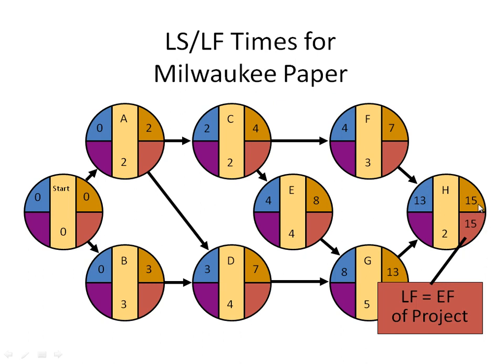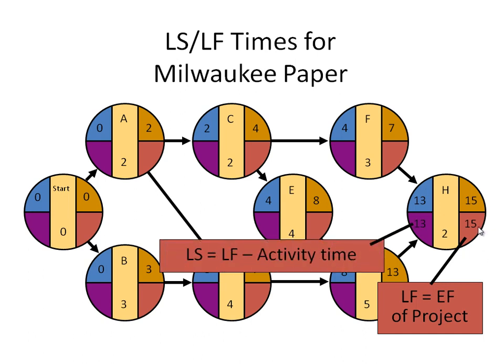We finished at 15, so the latest finish is equal to the earliest finish. 15 minus 2, that means the latest start will be 13.